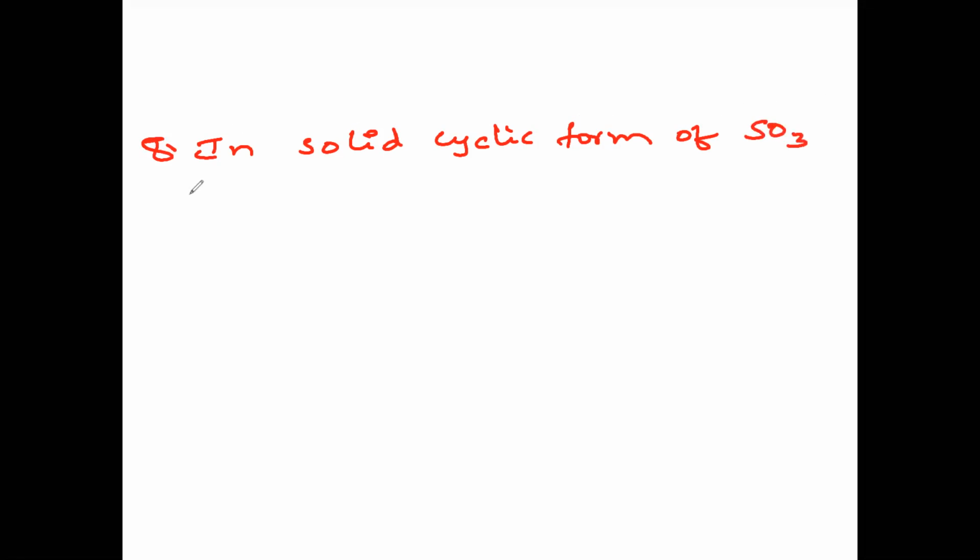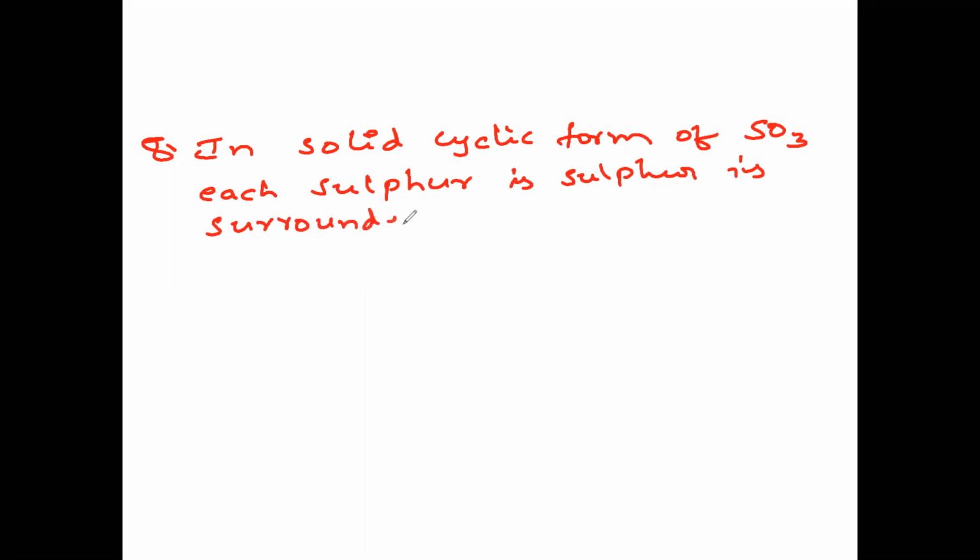Next question, question number 8. In solid cyclic form of sulfur trioxide, each sulfur is surrounded by dash oxygen atoms.